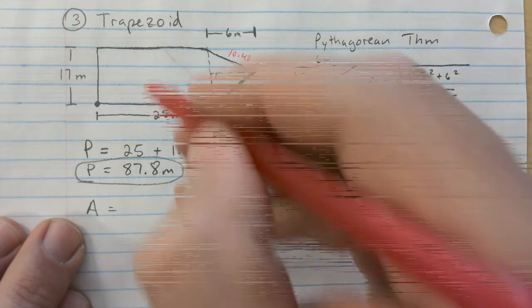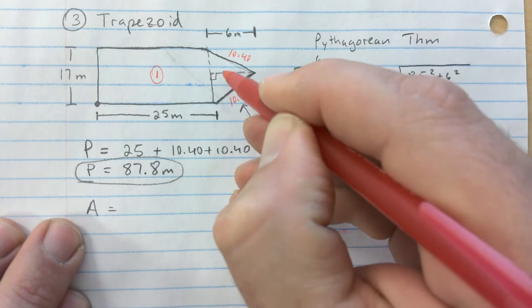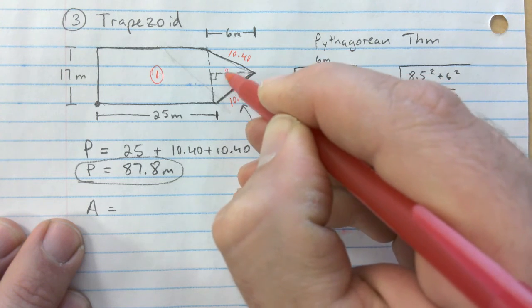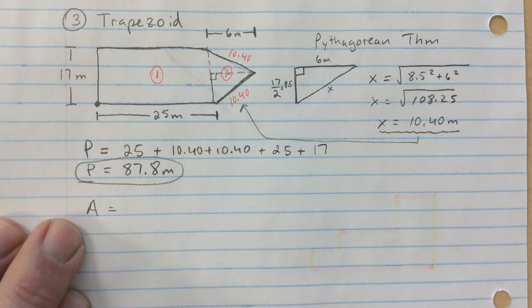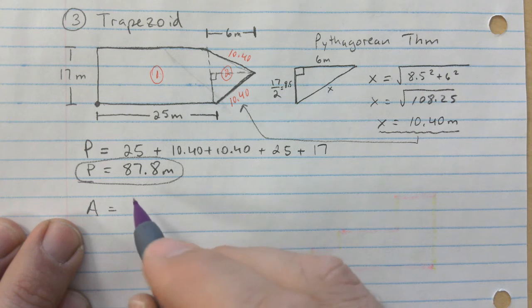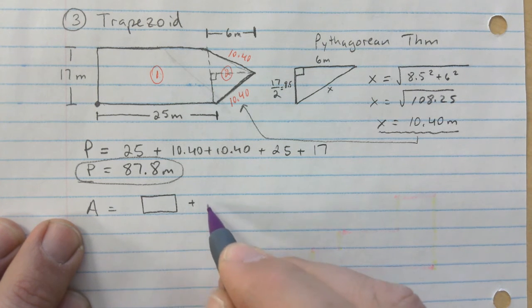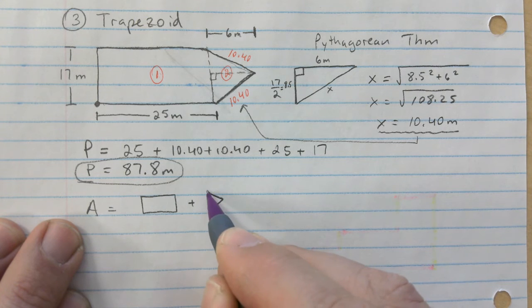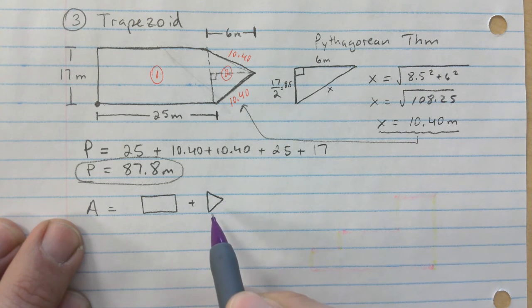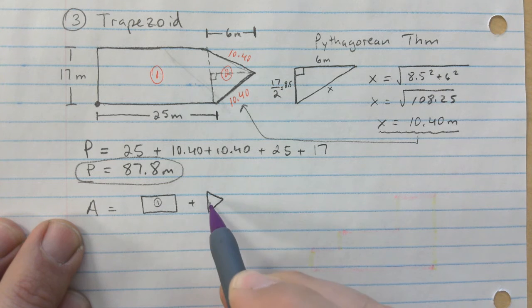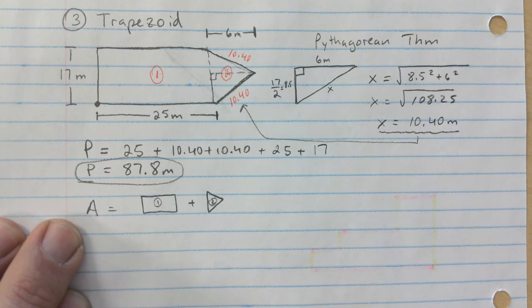For area, we're going to call this 1, and this whole thing here is going to be called 2. So you're essentially adding this and this, right, together. This being 1 and this being 2, okay?